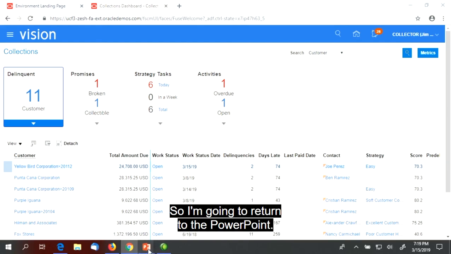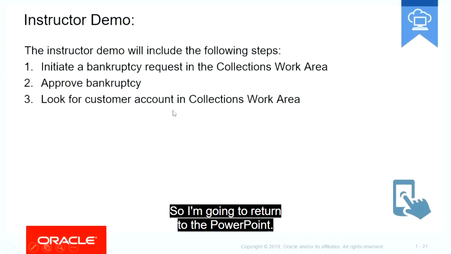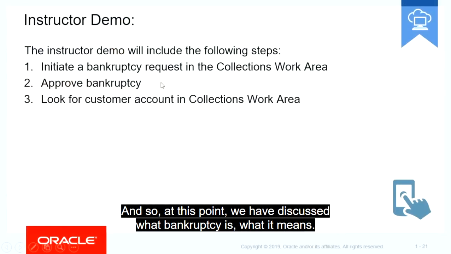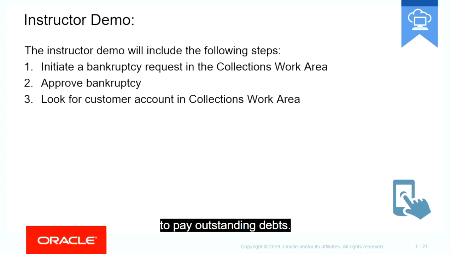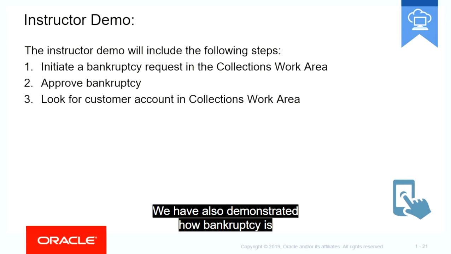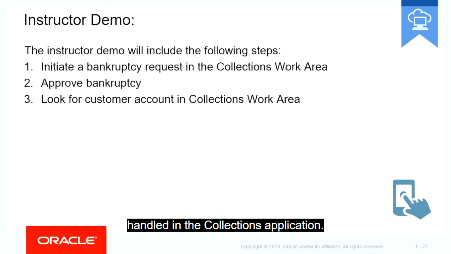All right, so I'm going to return to the PowerPoint. And so at this point we have discussed what bankruptcy is, what it means. It's a legal process by which a person or organization declares the inability to pay outstanding debts. We have also demonstrated how bankruptcy is handled in the collections application.